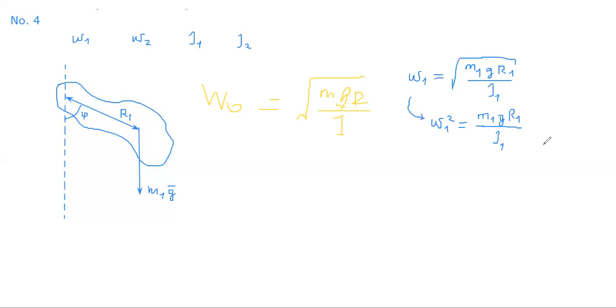So this is the first circular frequency, and for the second we have a similar formula: m2 g r2 divided by I2.